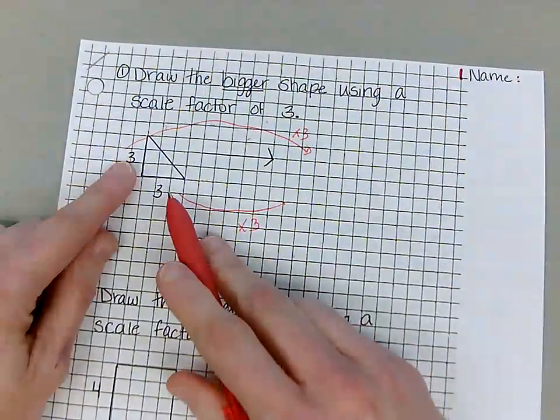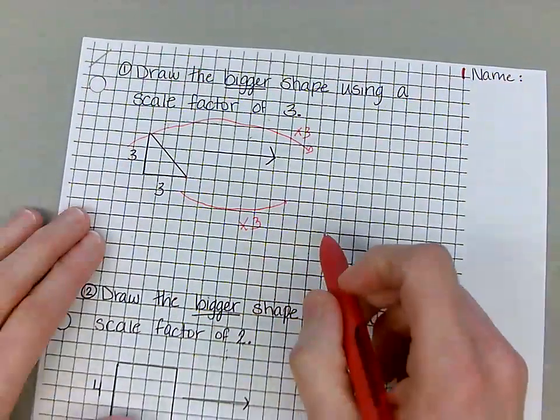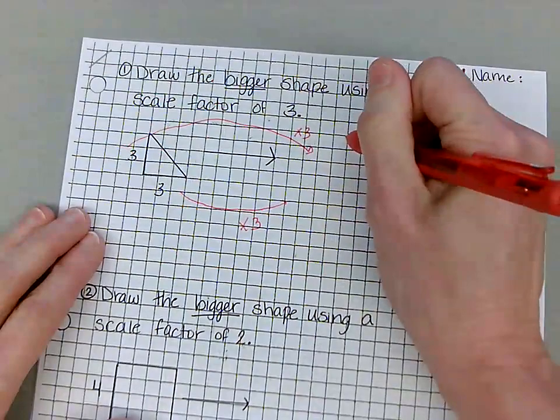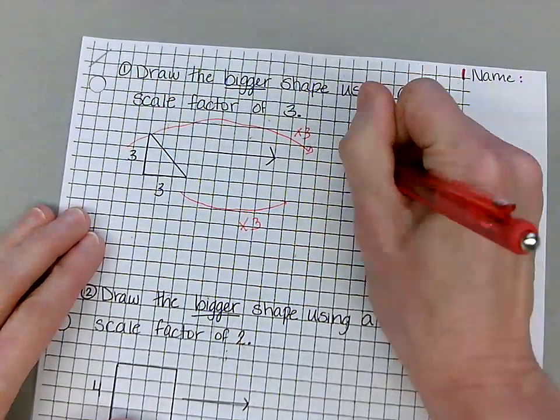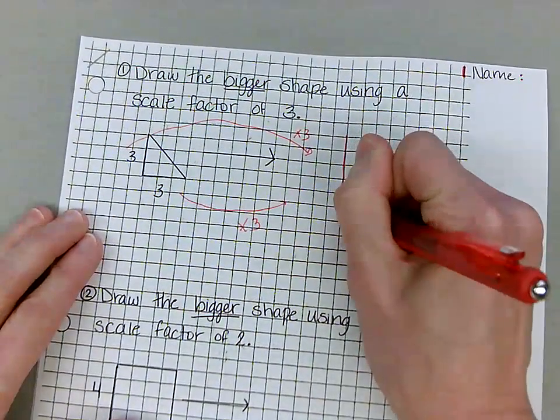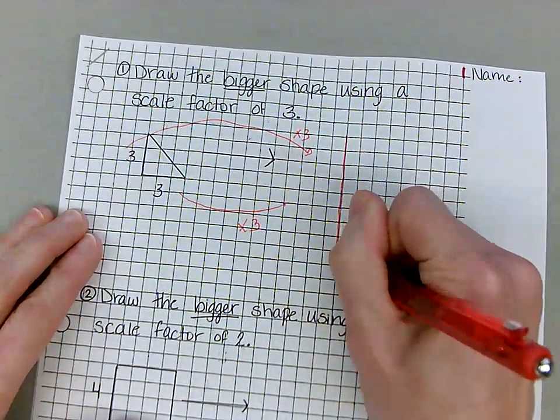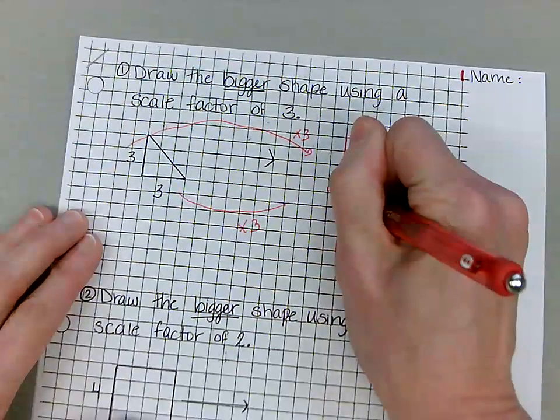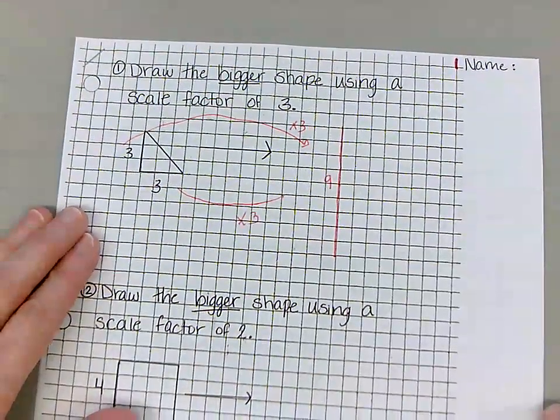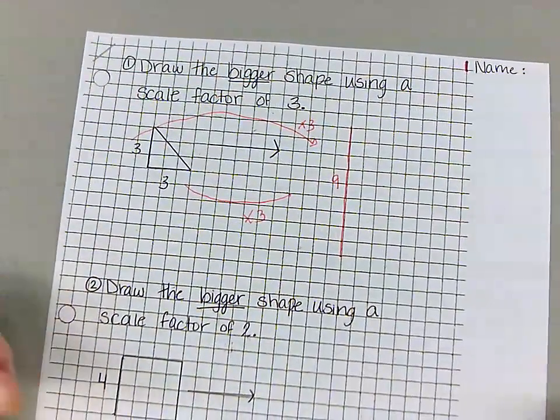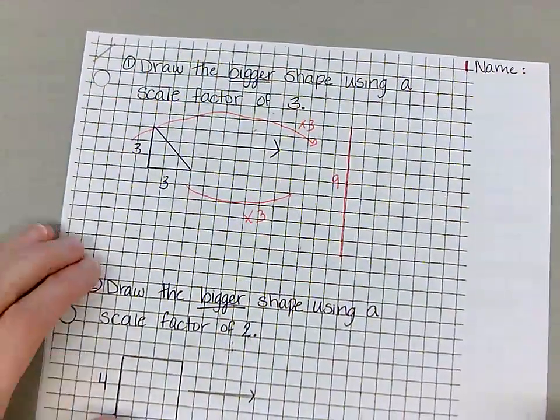We're going to count, so 3 times 3, 9. Now we're going to count 9, 1, 2, 3, 4, 5, 6, 7, 8, 9 for the height, and label it 9 because you're making it 3 times larger. 3 times 3 is 9.